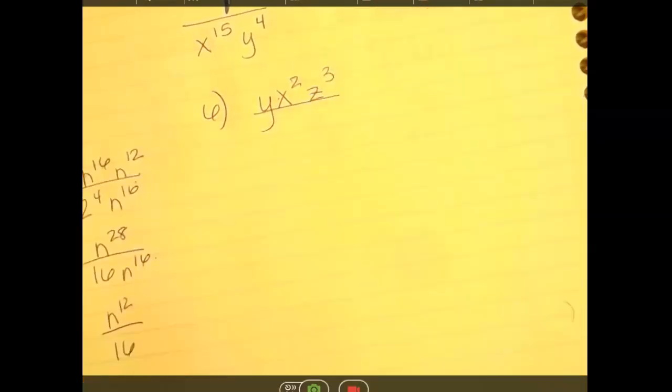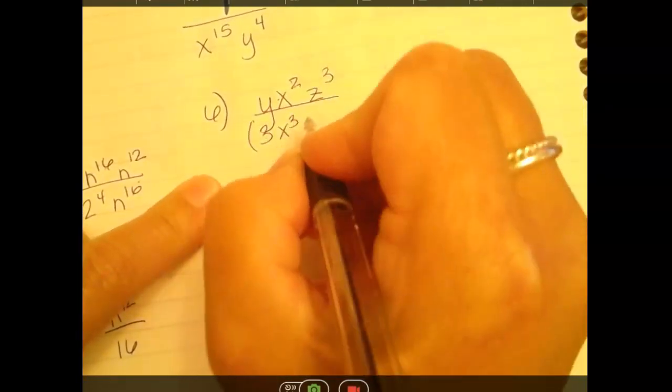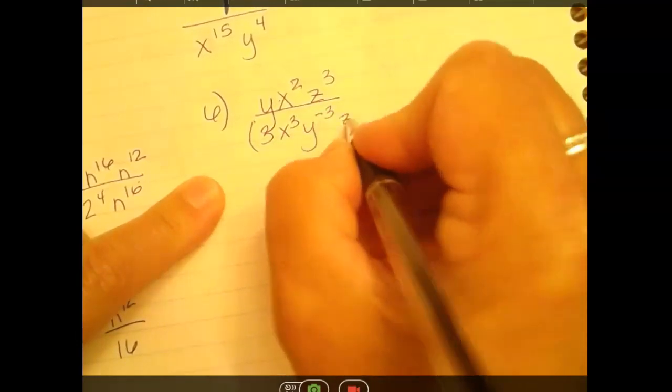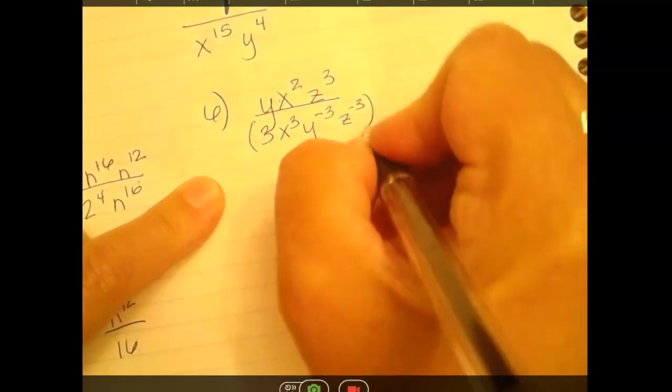We're getting into some more complicated ones now. We got y, x squared, z to the third power. I put a little line through my z, so I don't think it's a 2. Then on the bottom, we have 3x to the third power, y to the negative 3, z to the negative 3, parentheses to the negative 2.